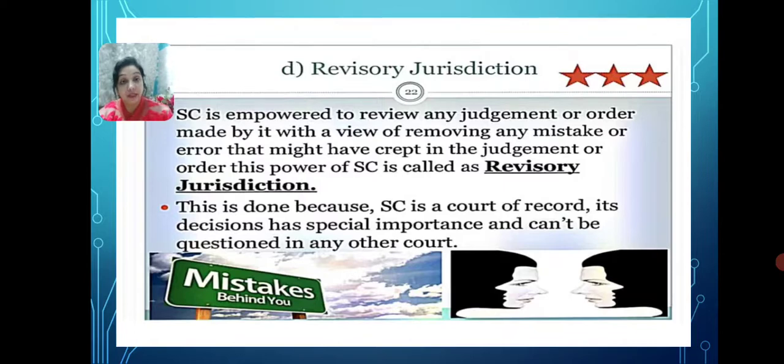Already we have seen this. So the Supreme Court's judgment is considered a final judgment. This is what you call revisory jurisdiction, and this is done because the Supreme Court is a court of record, and we are going to see what you mean by court of record. Its decision has special importance and can't be questioned in any other courts. Okay, is that clear?